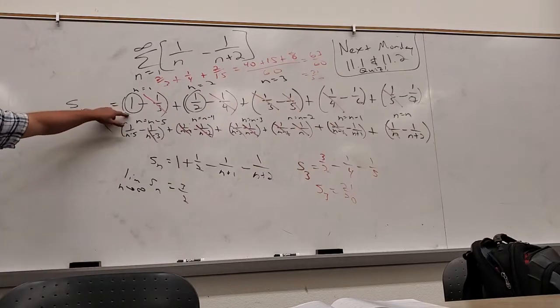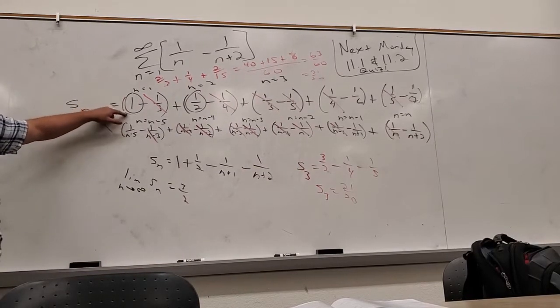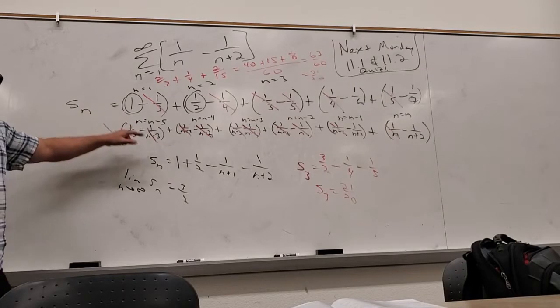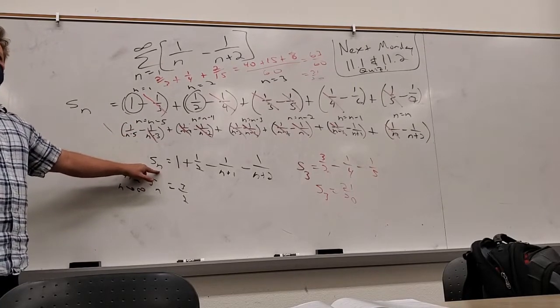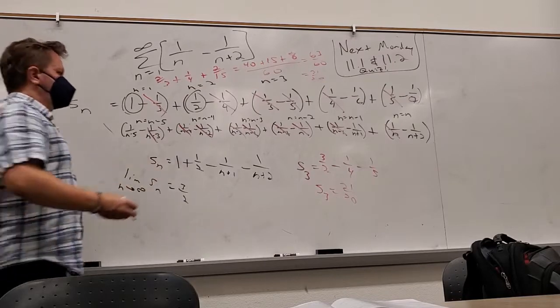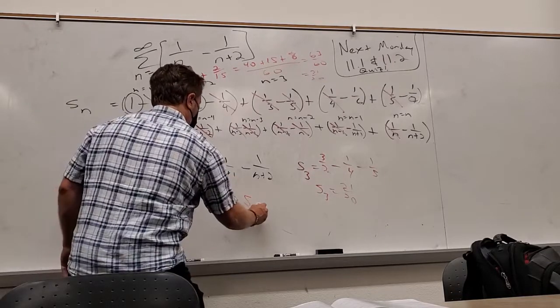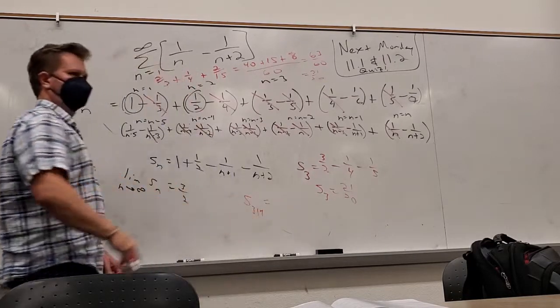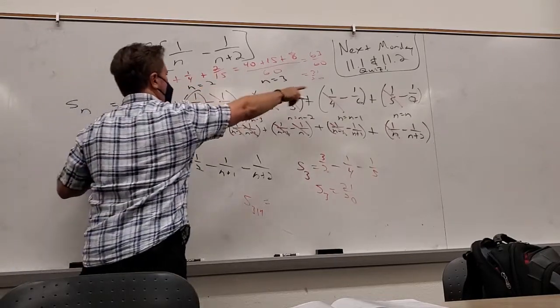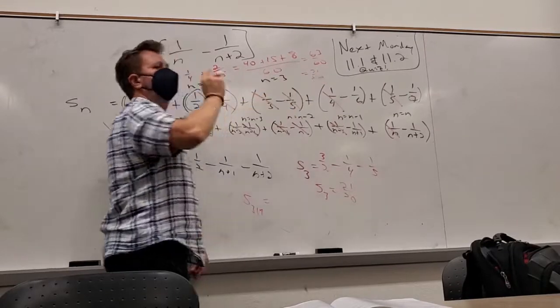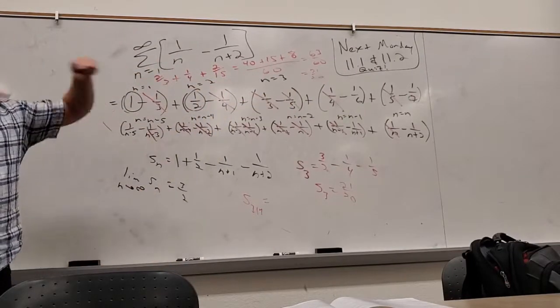What we just did is we found a shortcut for the nth partial sum. So if I wanted to know what S314 was, you could either calculate this, calculate this, calculate this, and so on up to 314, and then add them all together.